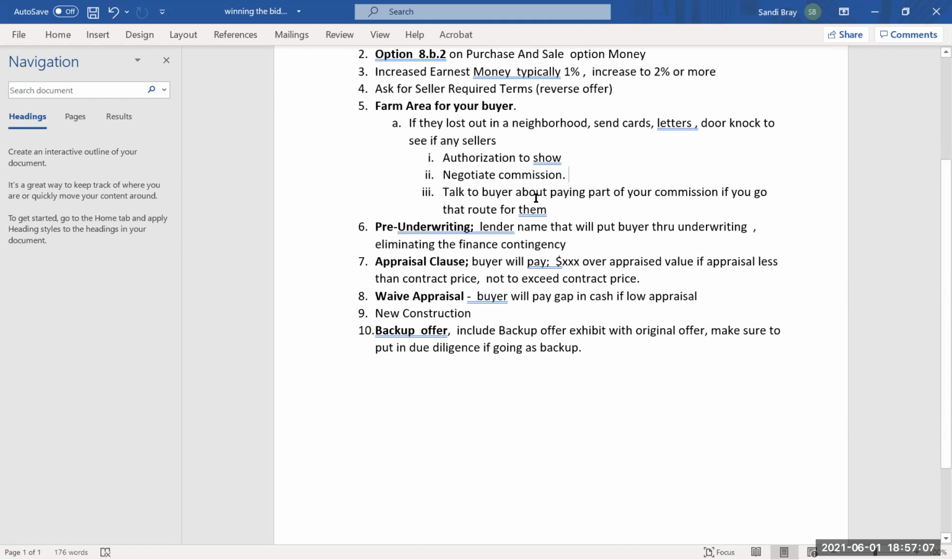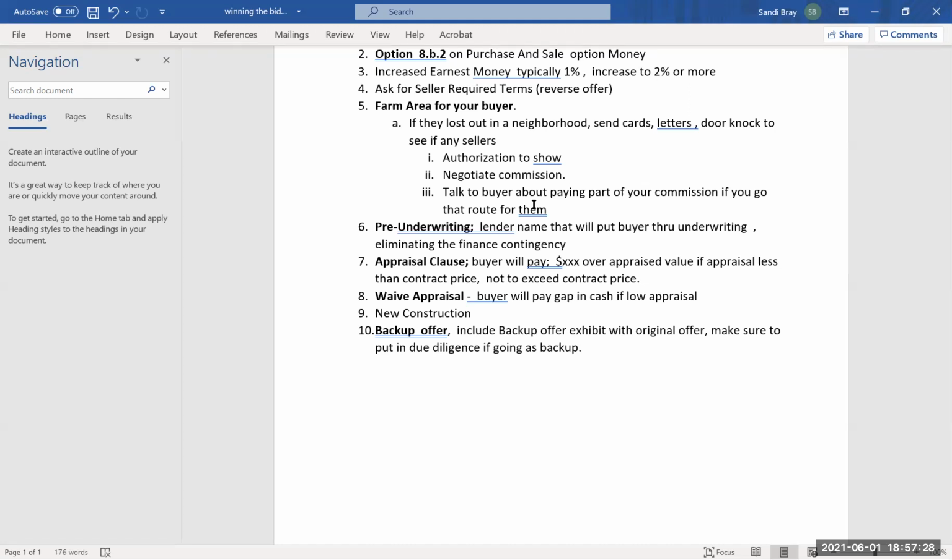And you're going to talk to your buyer. Now, if your buyer is getting frustrated, you can say, look, here's another option. I can do this for you, but you might have to pay part of my commission if I go this route. I'm going to be doing a lot for you. I'm going to knock on people's doors and ask them to sell you their house. Your buyer may be down with this.